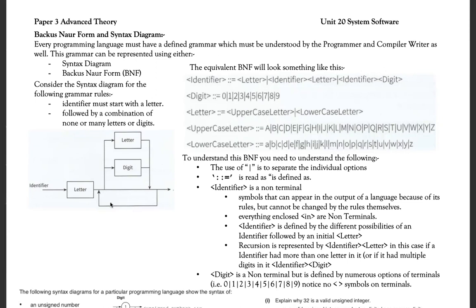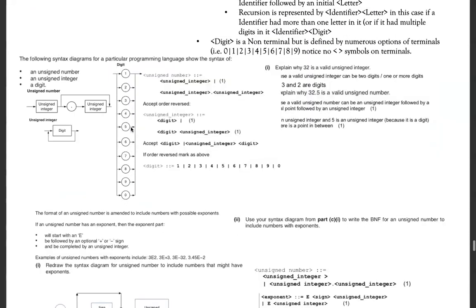Now, the basics of your syntax diagram versus your Backus-Naur form: your syntax diagram consists of these, which are known as the non-terminals, and if it's in the circular form, that would be regarded as a terminal.